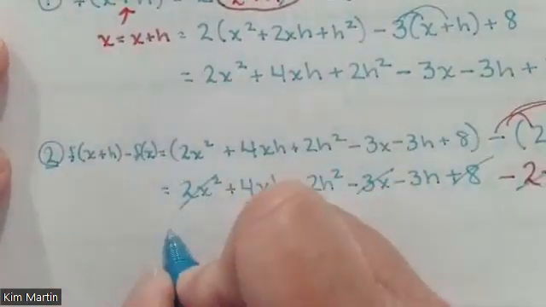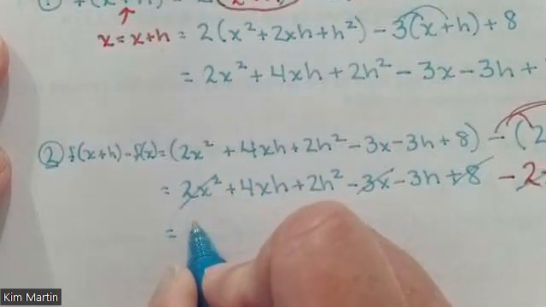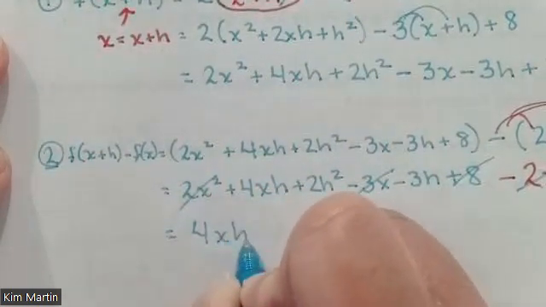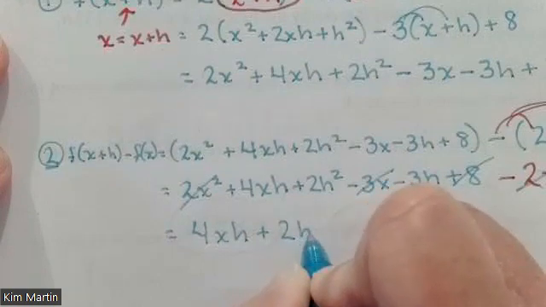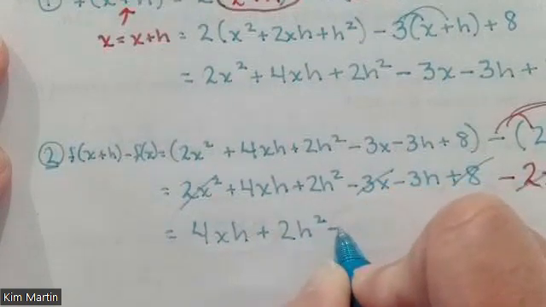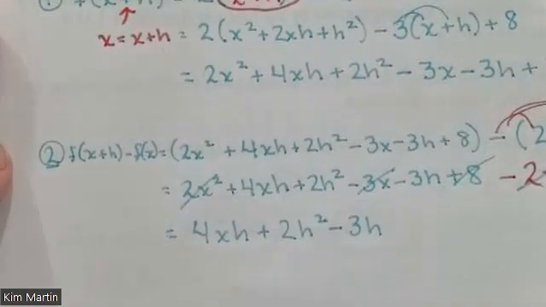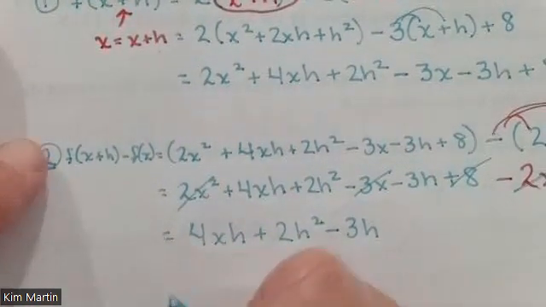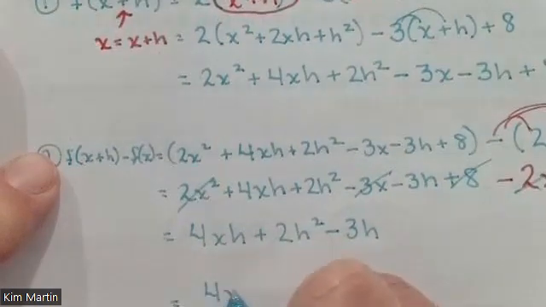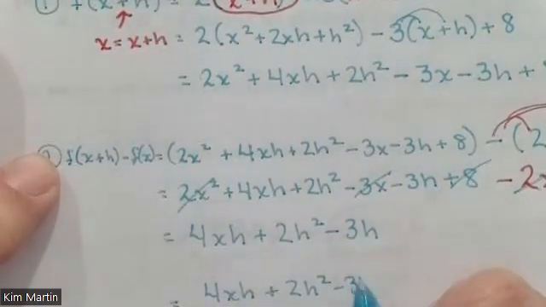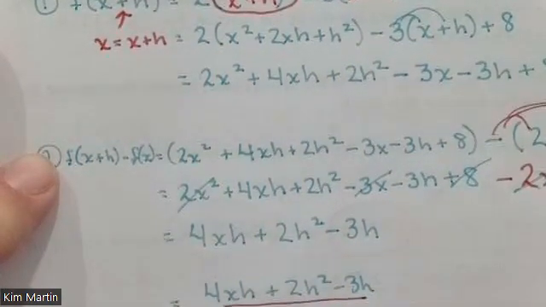And now we end up with 4xh plus 2h squared minus 3h. That's all it is. And the last step is just divide by h. So you take this 4xh plus that 2h squared minus 3h, and you just divide everything you see by h.